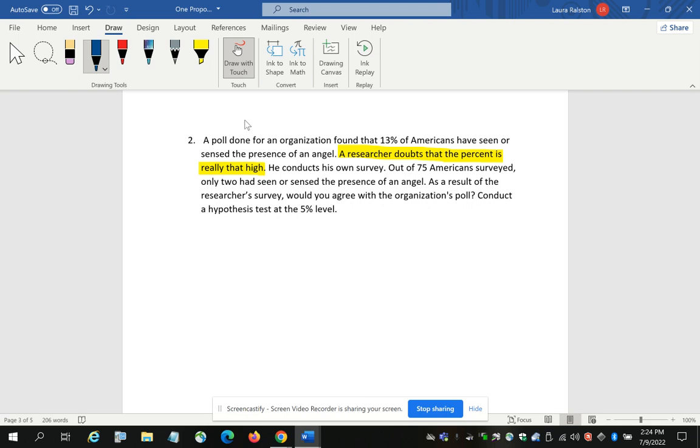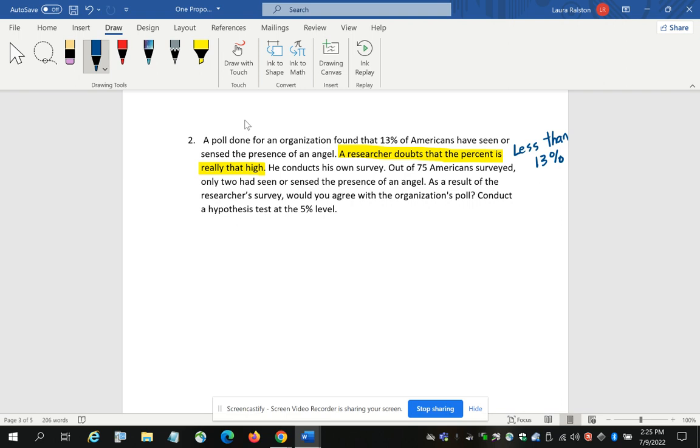So use some logic. If it's not really that high, he thinks it's less than the 13%. That's what the researcher believes. Again, you've got to pay attention to the wording, guys. You've got to use some kind of logic, common sense here. So he doubts that it's that high, which means he thinks it's less.